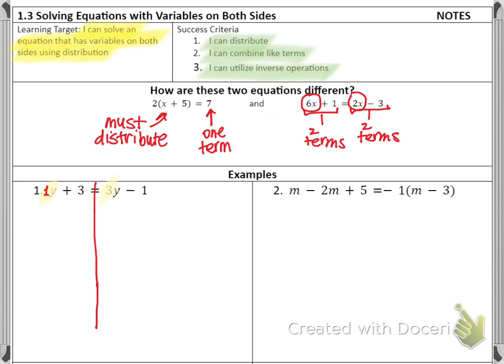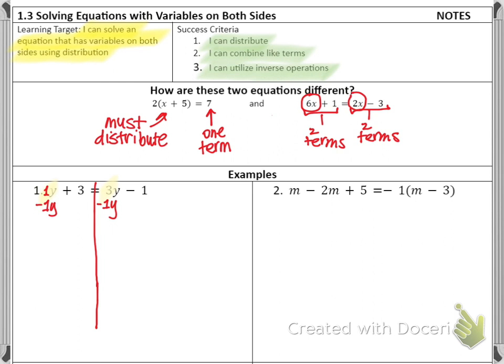So for 1y, in order to make that a 0 pair, which means when you add it together it makes 0, you must complete the inverse operation. Since it's a positive 1y, I'm going to subtract 1y, or add a negative 1y, to both sides.